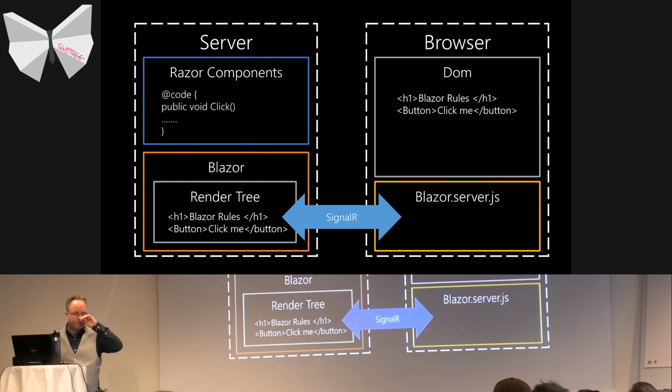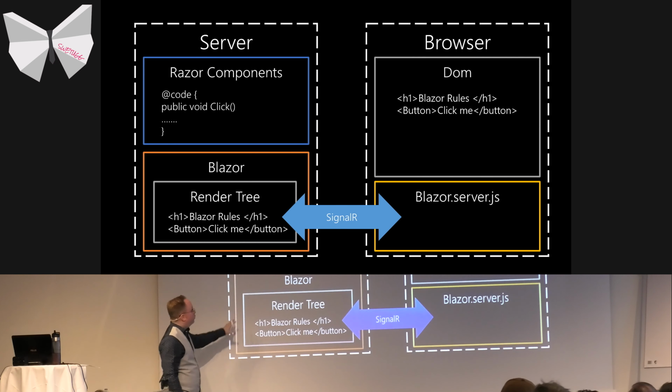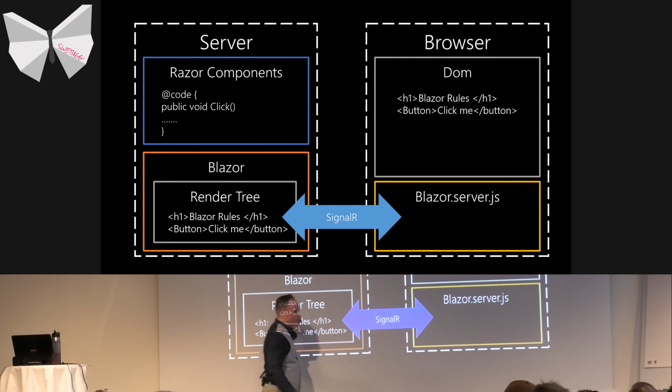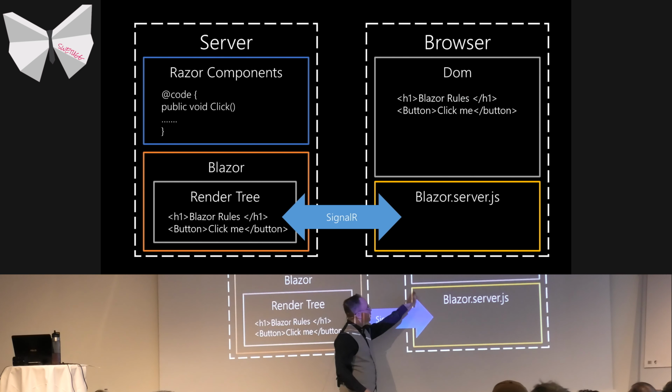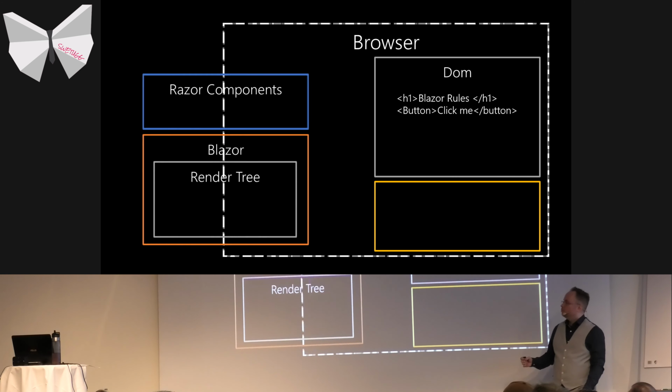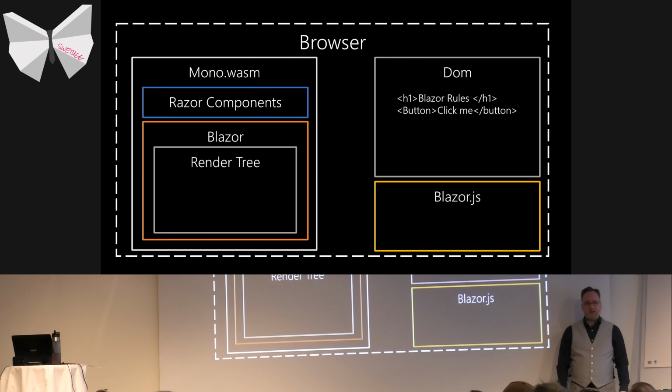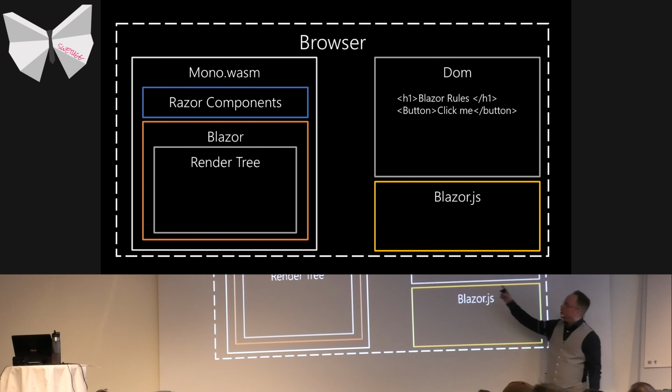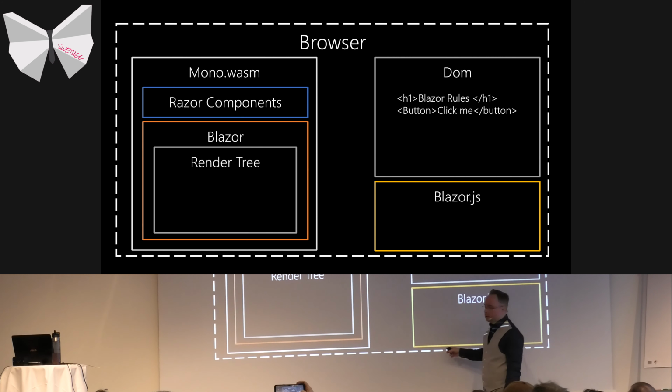So it works like this. You remember the server side? We have the Razor components, the Blazor render tree, talking to JavaScript, updating the DOM. The WebAssembly version is not that different. The difference is that everything is running in the browser.